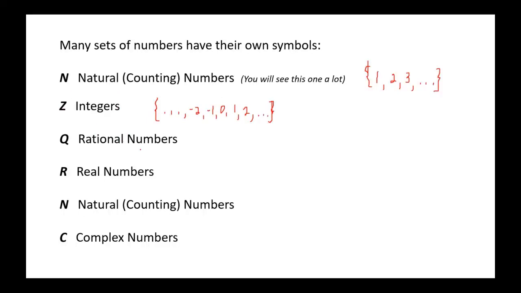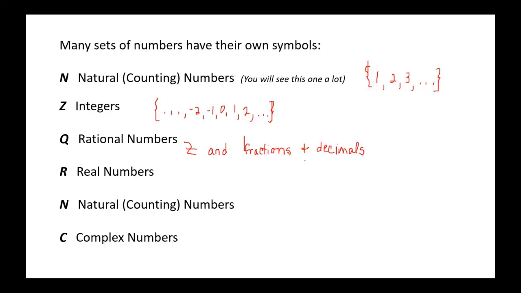Now, rational numbers include all of the integers, and the integers, by the way, include all of the counting numbers. But rational numbers also include fractions and decimals. Fractions may be written as decimals, or decimals may be written as fractions.